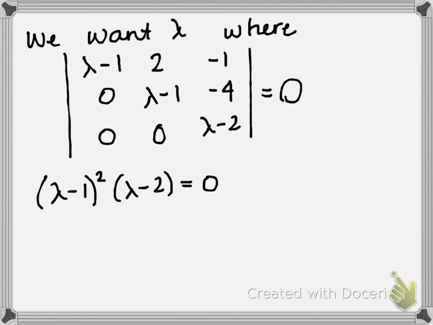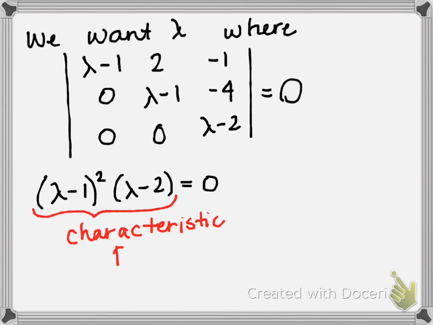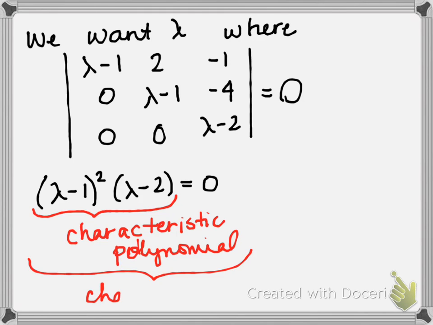Because this is such an important equation, we call this expression on the left the characteristic polynomial. And we call the whole thing the characteristic equation.